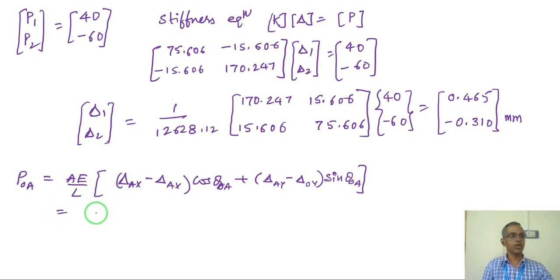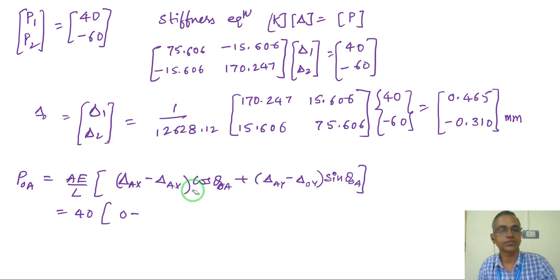So now AE by L we have as 40. Far end displacement at A, 0, minus near end displacement at A, what is it here? In the X direction, this is delta OX and this is delta OY.